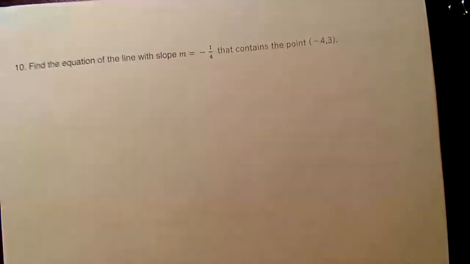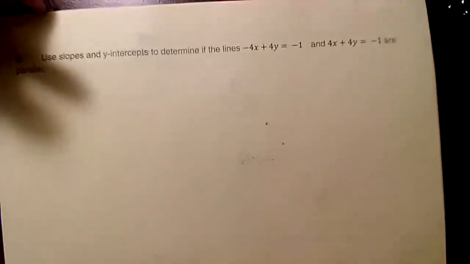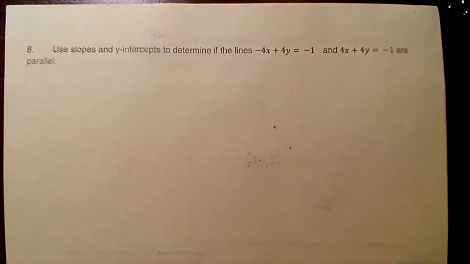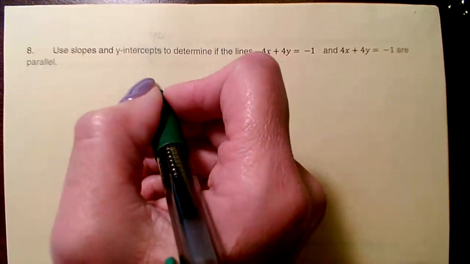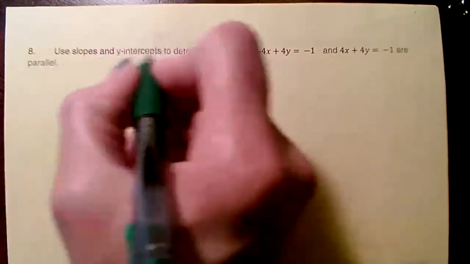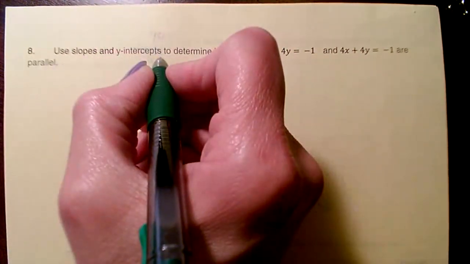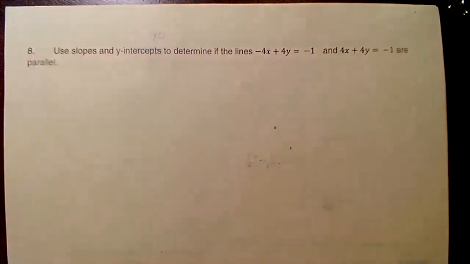Now, let's do the next one. They're giving us two equations too. So it says use the slopes and the y-intercepts. Give me a second here. Okay.